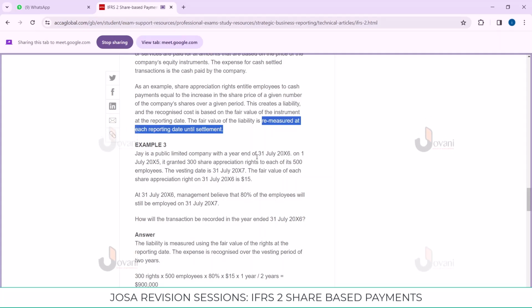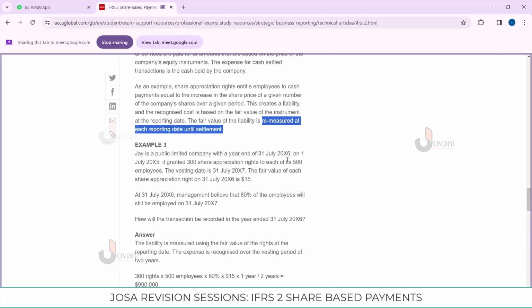J is a public limited company with a year end of 31st July 2X6. On 1st July 2X5, it granted 300 share option rights to each of its 500 employees. These are SARs, and SARs are cash settled.